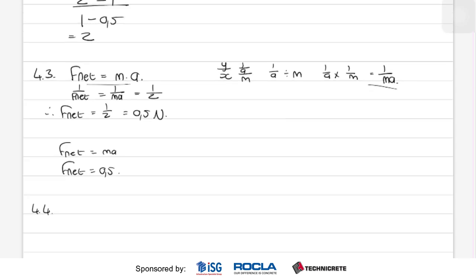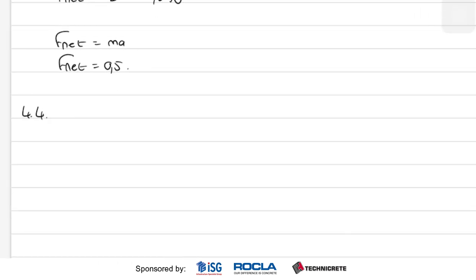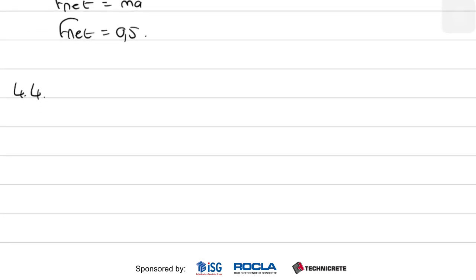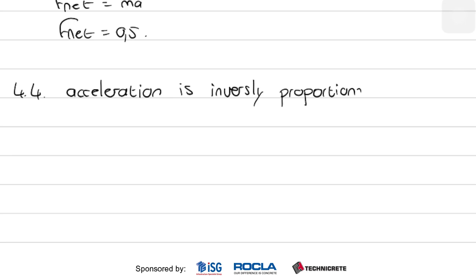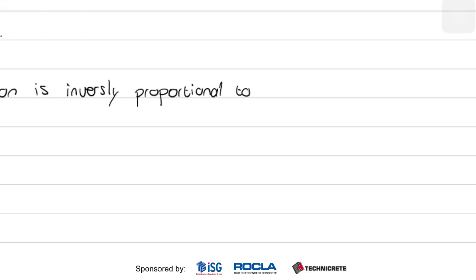Since our acceleration is on our y-axis, it is our dependent variable. So let's say our acceleration is inversely proportional to the mass of an object.